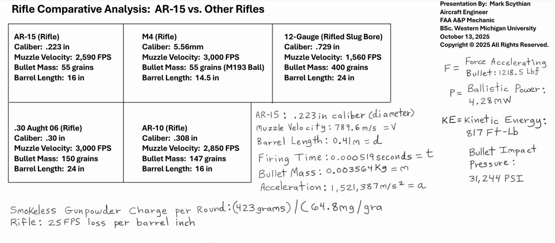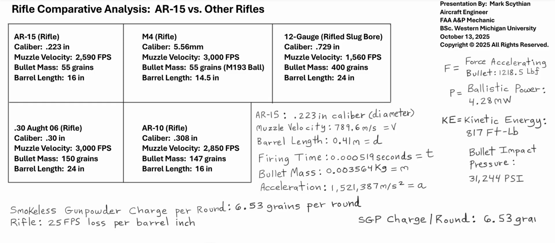We'll divide that into 64.8 milligrams per grain, so we get 6.53 grains. And so there's 6.53 grains of smokeless gunpowder charge per round. Some may argue between 6.5 and 7.2.